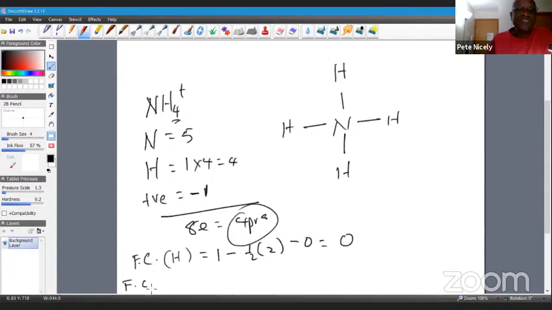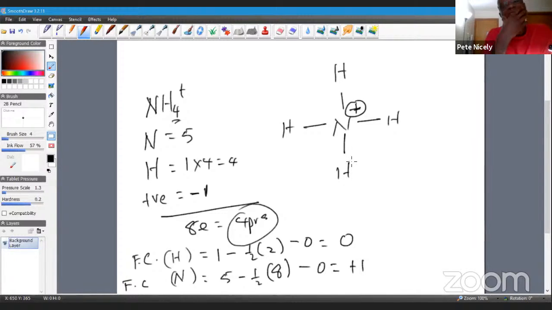And the formal charge on the nitrogen would be equal to the group number, which is 5, minus half of 8, minus 0 equals plus 1. So therefore, there'll be a plus charge on the nitrogen and no charges on the hydrogen. All right? Any questions about this one?